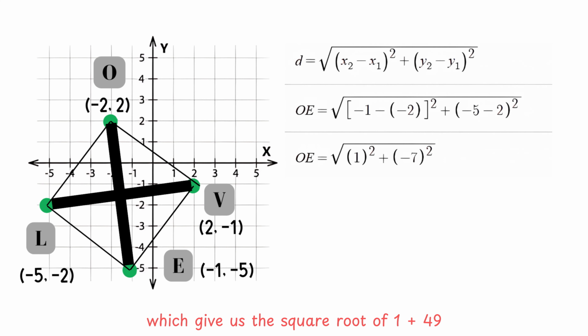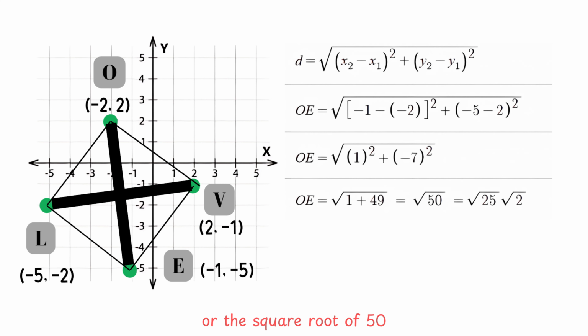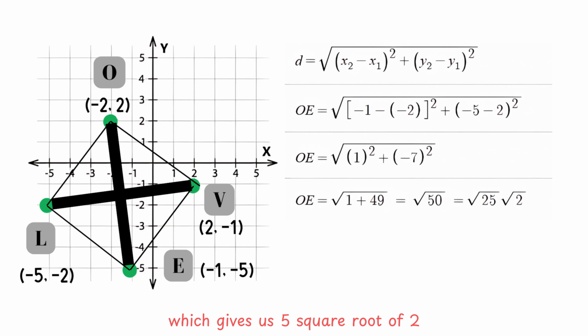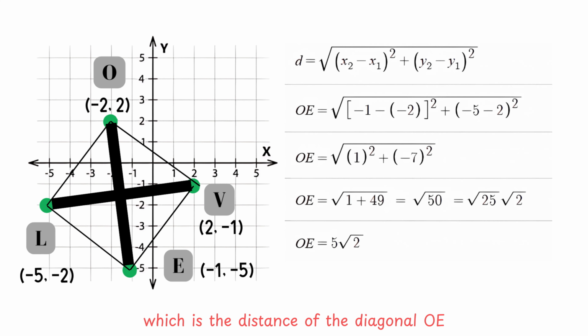Then square this, which gives us the square root of 1 plus 49 or the square root of 50. We can simplify this by getting the square root of 25 times the square root of 2, which gives us 5 square root of 2, which is the distance of diagonal OE.